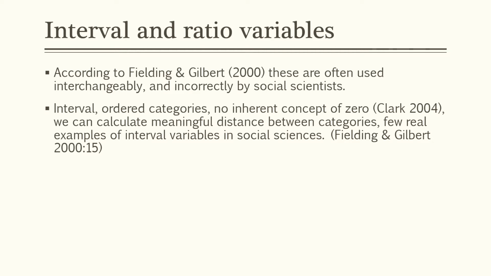When you say 0 Fahrenheit, it doesn't mean that there is no temperature at all. It's just zero, but the zero there does not imply that there is no temperature. It could be negative 70 degrees Fahrenheit.